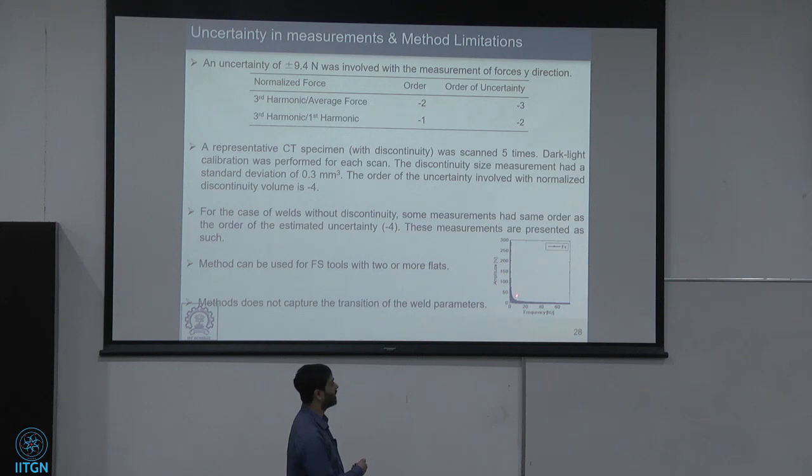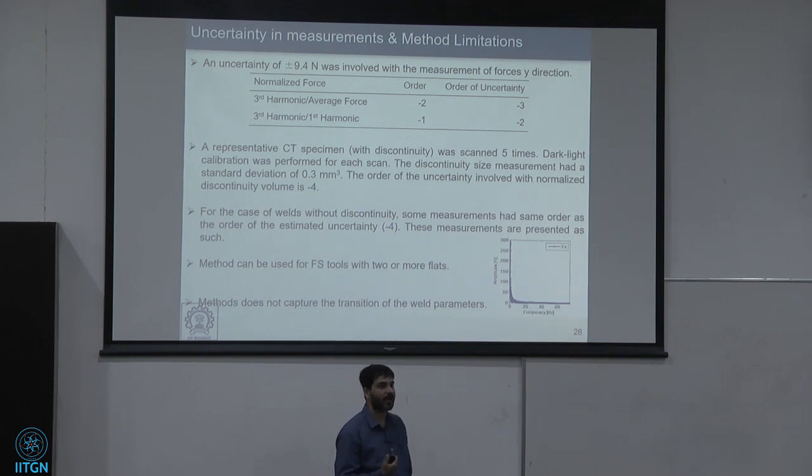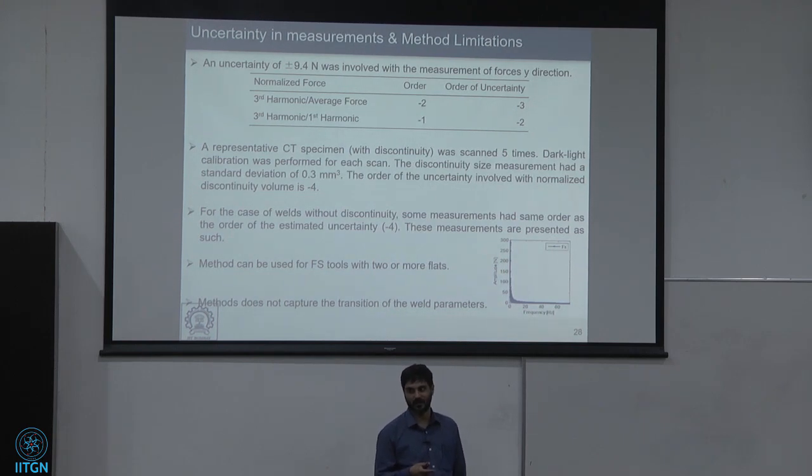So this is the FFT for a weld performed with one tool flat where defects were formed, and we do not see much activity, or any activity honestly, at the tool rotation frequency or at the fundamental harmonic. So one limitation of the methodology proposed is that we can only use it for friction stir welds which are performed with tools with 2 or more flats on them.